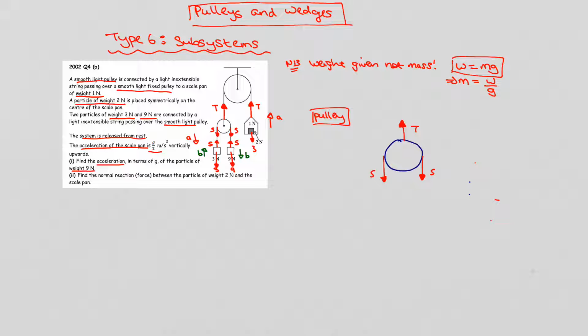So if it's smooth and light, looking at the net forces, it's accelerating down. My leading force is my two S's, and my opposing force is the tension upwards, and that's going to equal my mass times acceleration. But of course, the mass is 0 in this case, so therefore T is equal to 2S.